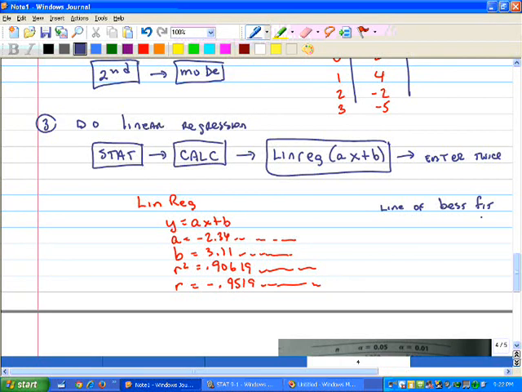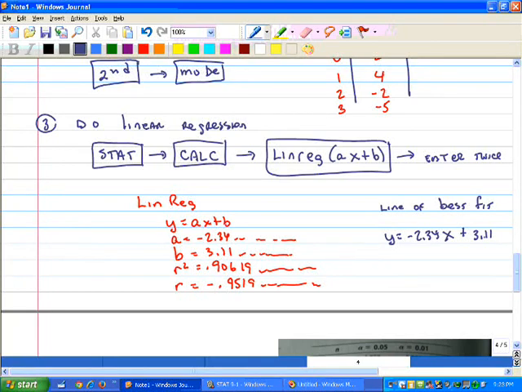The best line to fit this data set is y equals the a from our display, which is the slope of the line, times x plus the b in our display.